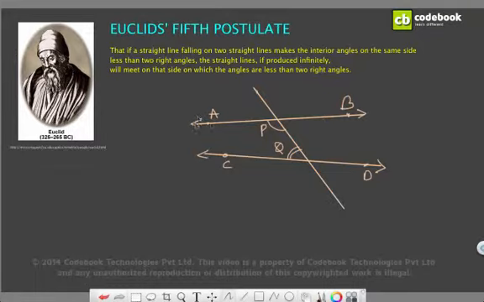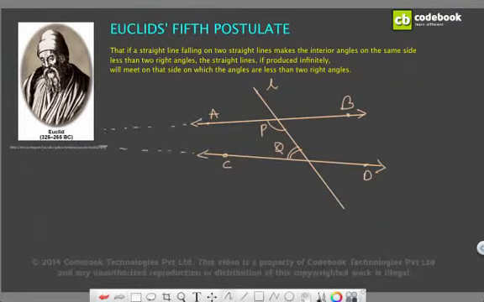Let's try to understand this. Consider the figure where you have two straight lines AB and CD. Now there is another straight line L which falls on AB and CD, and this line is making interior angles P and Q on the same side. If you observe, P and Q are less than two right angles.